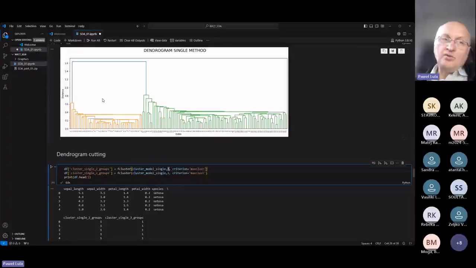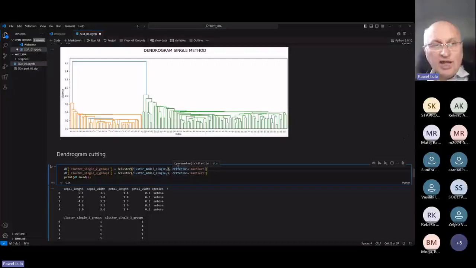So the program will select the distance at which this line will be located in such a way that we get 2 clusters. So for example, here. And this criterion parameter says that I'm going to make this decision taking into account the number of clusters which I'm going to obtain.